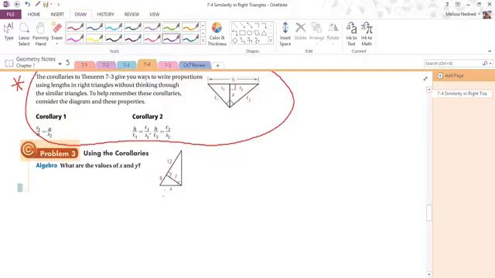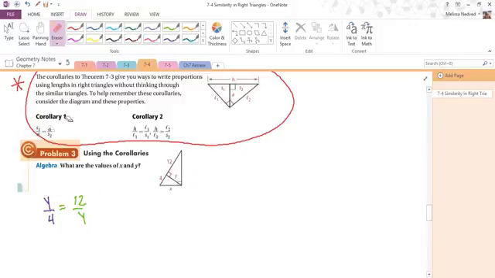More clearly, looking at this triangle here, the long side, or the altitude, y, over the short side, 4, if I'm looking at the small triangle, y over 4, long side over short side, equals, let's look at the medium triangle. Again, we want long side over short side. Long side is 12, over short side is y.